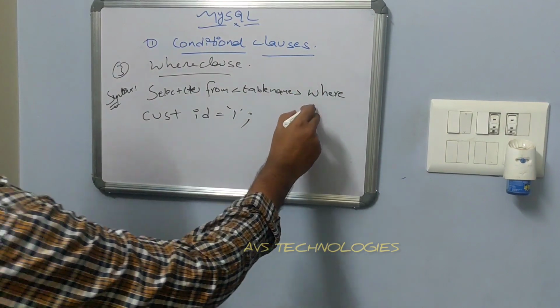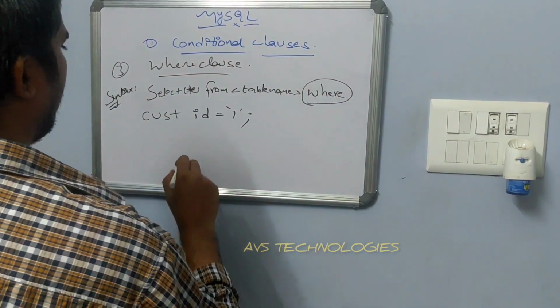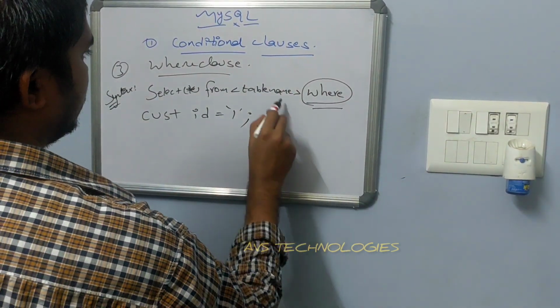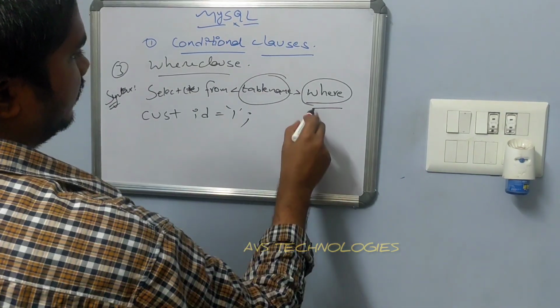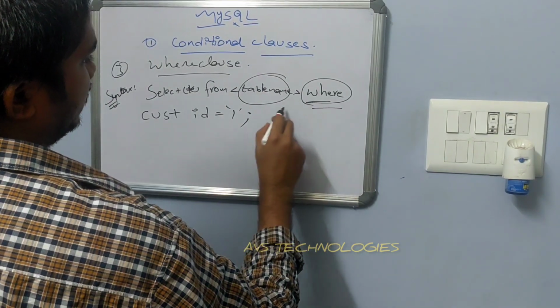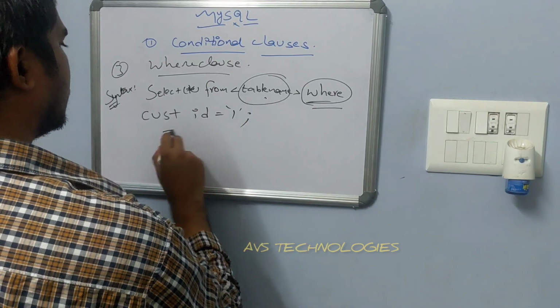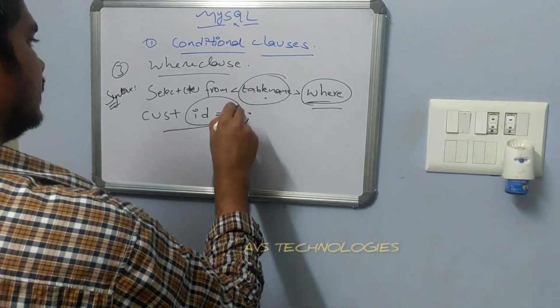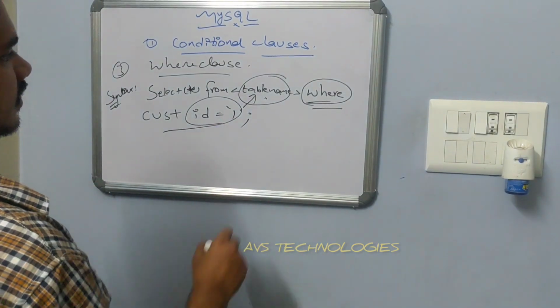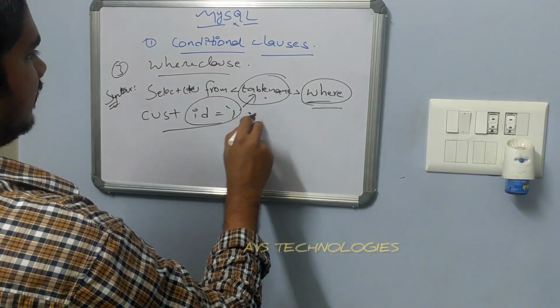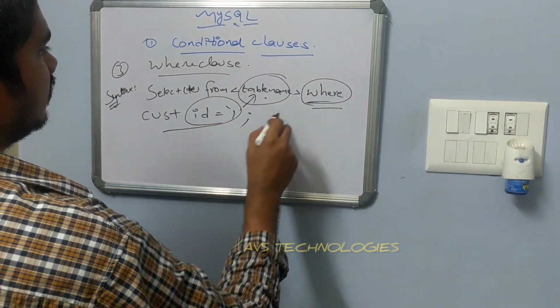So we perform a where condition expression on this table for getting the customer id in this table. That's why we have a clause called the where clause.